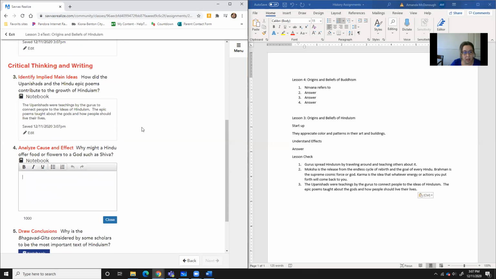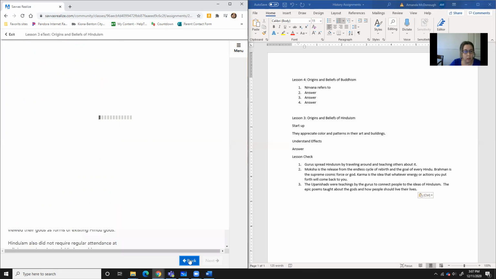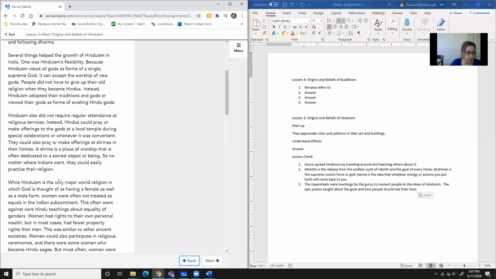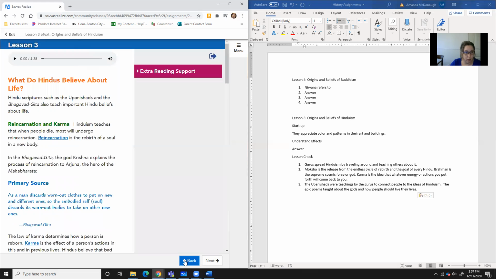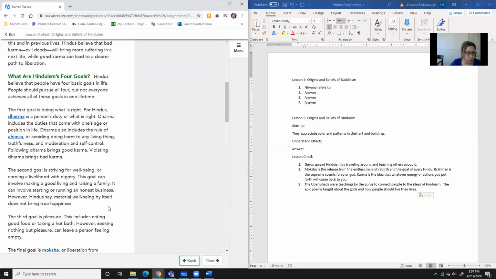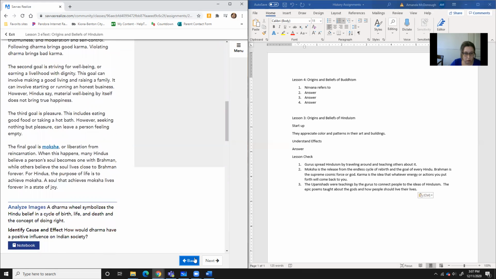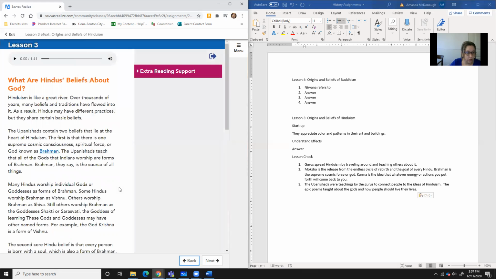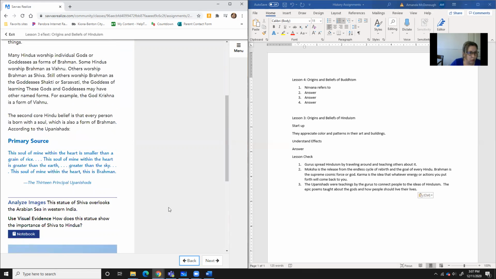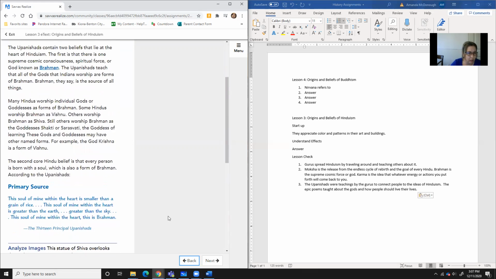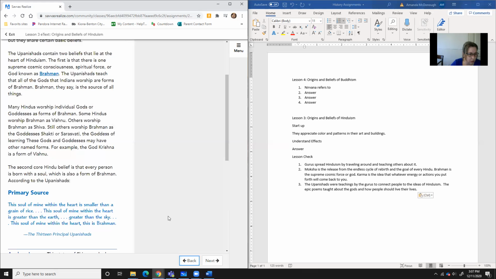Now, why might a Hindu offer food or flowers to a god such as Shiva? So we're going to look back in here for the key term of Shiva. Shiva is one of the very important gods of Hinduism.